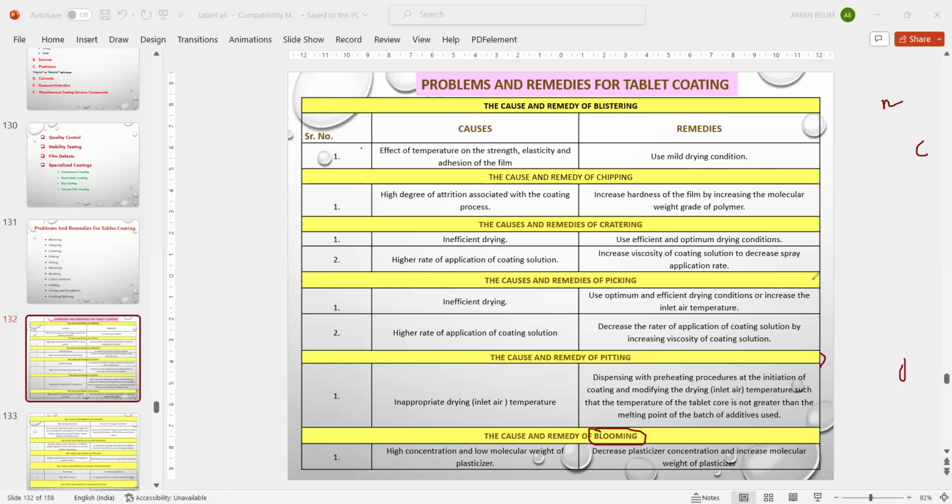That is because of too rapid drying, or you can say too high a temperature for the drying.